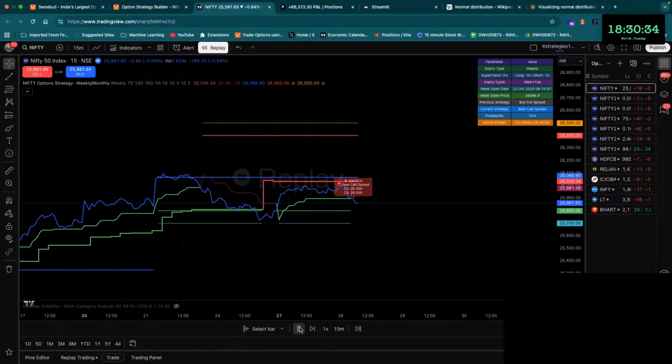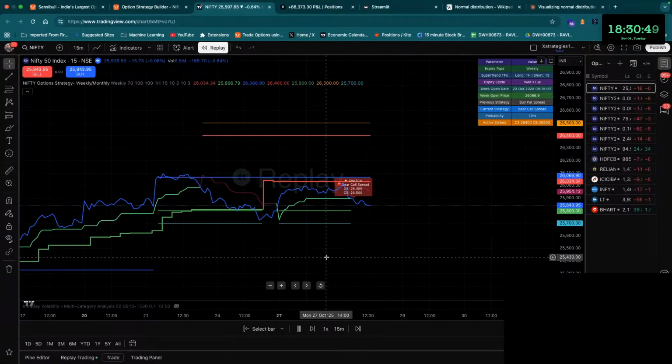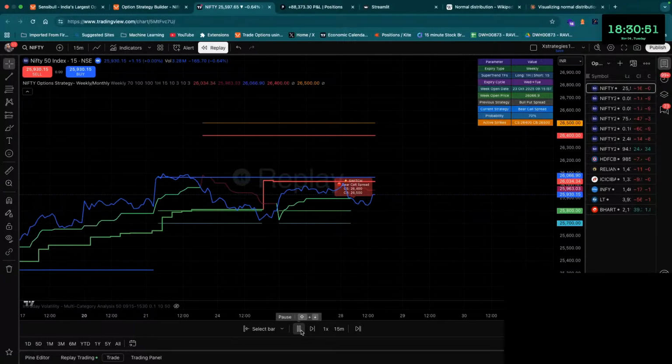So this is Tuesday, which is 28th October. No, I think this is not the entry day. Tuesday was the expiry. But it says that you need to do a bear call spread at that point of time. I do not know what happened that day, but that's what the indicator says.